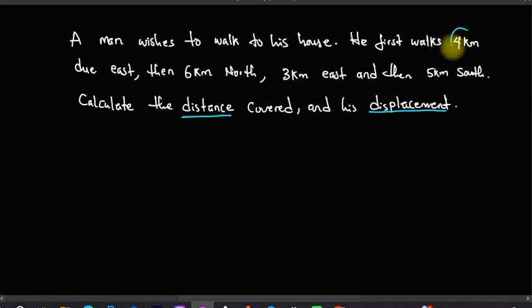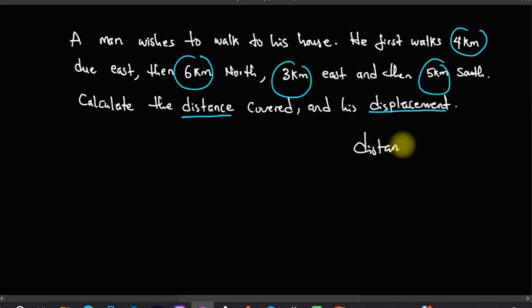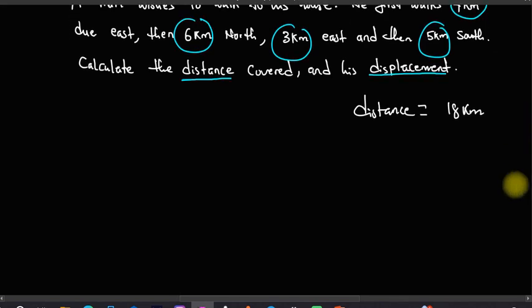So we add up 4 kilometers, 6 kilometers, 3 kilometers, and 5 kilometers. That's 4 plus 6, 10, 10 plus 3, 13, and then we have 18 kilometers total. So total distance equals 18 kilometers.